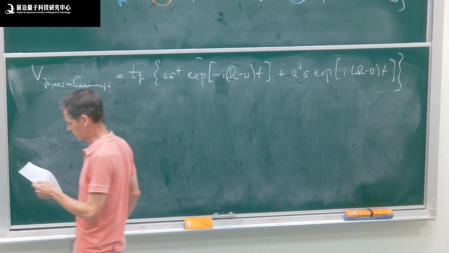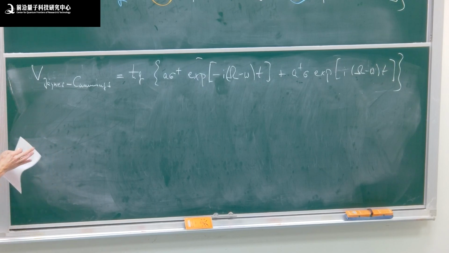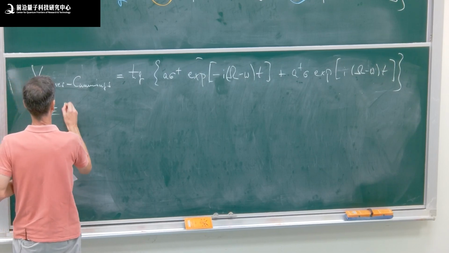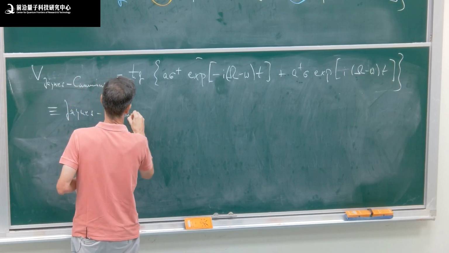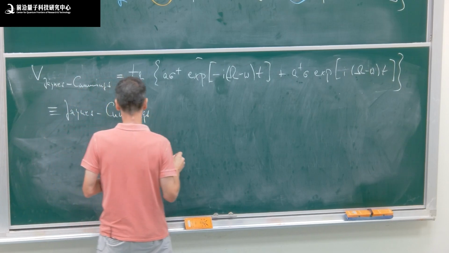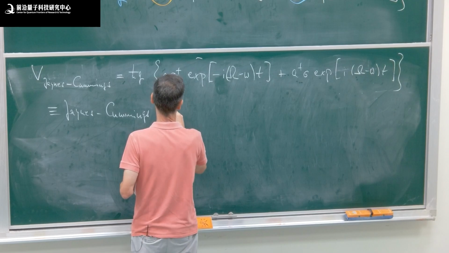Yeah, and so this is the Jaynes-Cummings interaction Hamiltonian. Let's write it down.